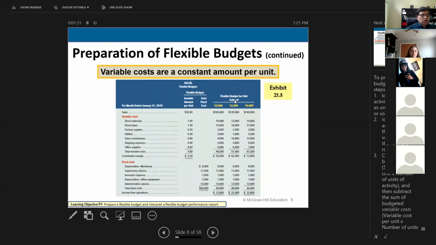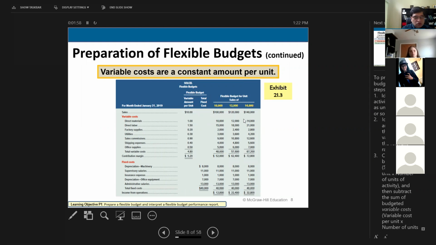When we prepare a budget for different levels of activity, say in this case 10,000, 12,000, 14,000, this is called a flexible budget. We use the same assumptions that were there in the master budget. So if it was $10 per unit, for 10,000 your sales are 100,000, for 12,000 it's 120,000.